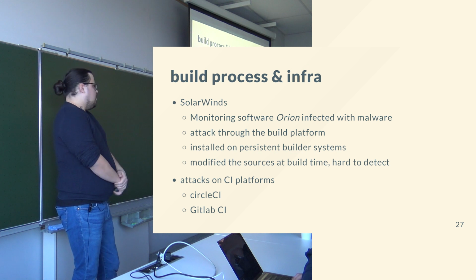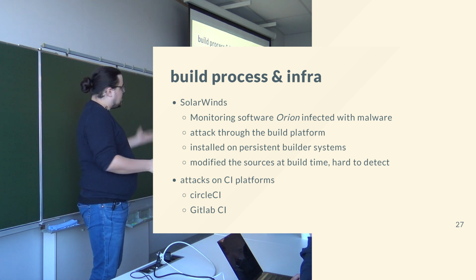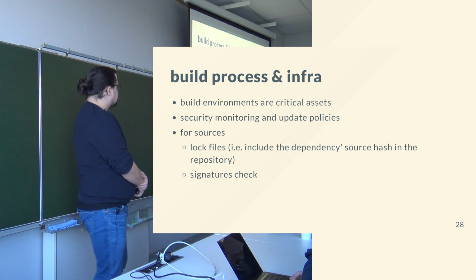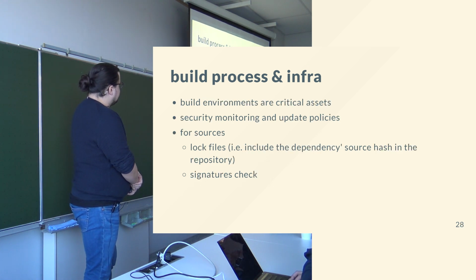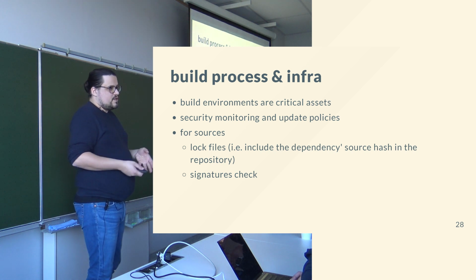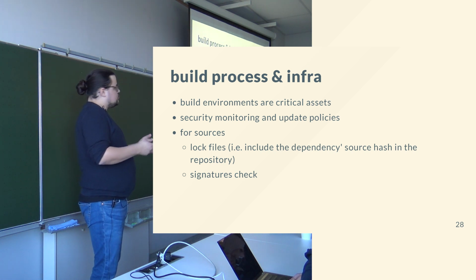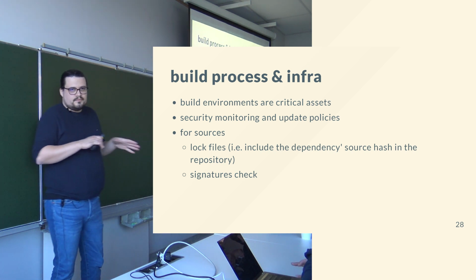We have a lot of other attacks against the IaaS platforms, either hosted or software as a service. So what we can learn from this is that build environments are actually critical assets, and they really need to be treated as such, and it's not always the case.